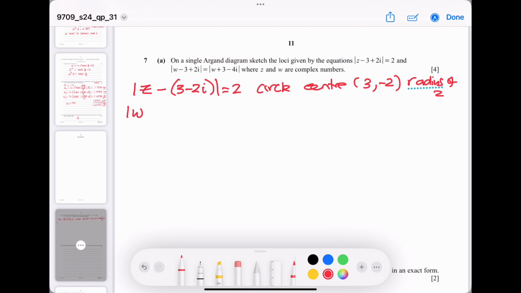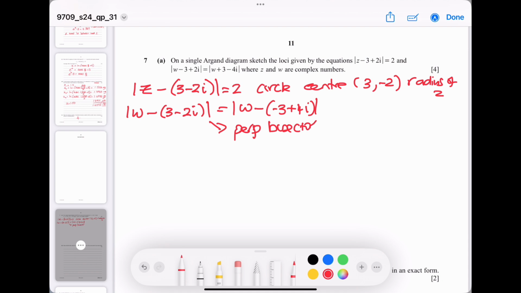If I had modulus w minus, again I'm going to write it like this, is equal to modulus w, I'm going to write minus negative 3 plus 4i. We're looking for the perpendicular bisector of the 2 points. So these 2 points we're looking at are 3, negative 2 and negative 3, 4. First of all, I'm going to find the midpoint of those coordinates.